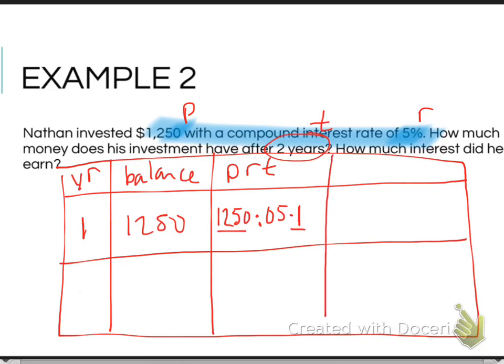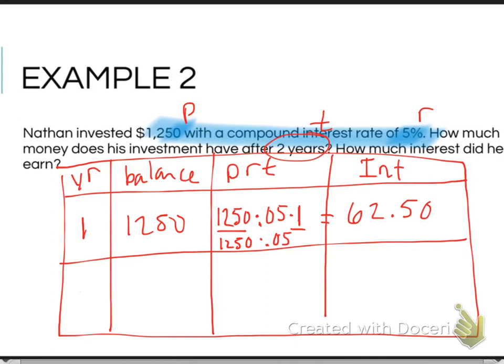So really, we're just multiplying 1,250 times 0.05. When we do that, we get $62.50. That's how much interest he earned that year. So Nathan earned $62.50.